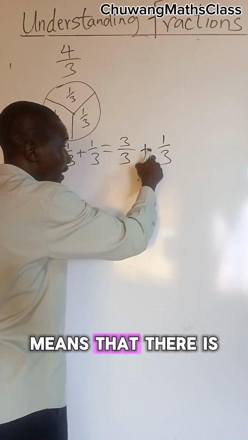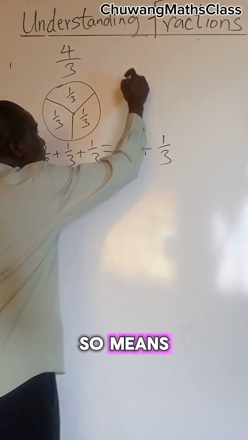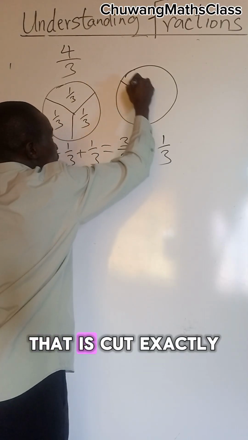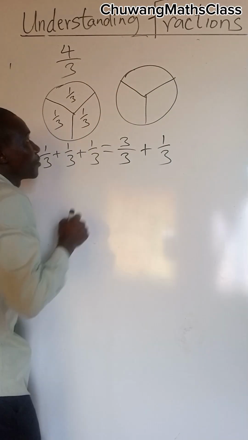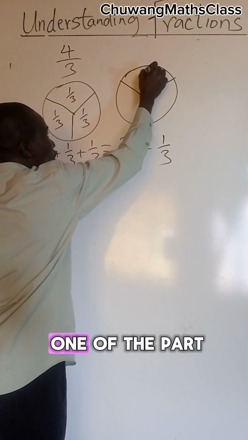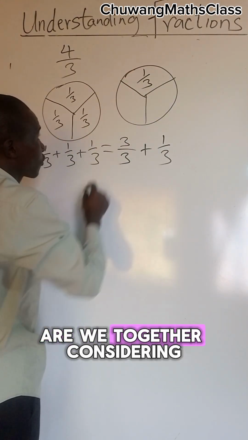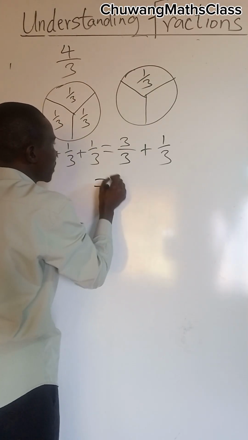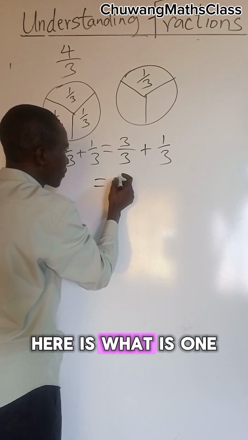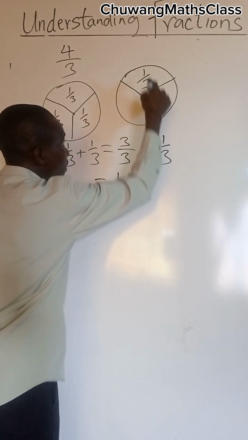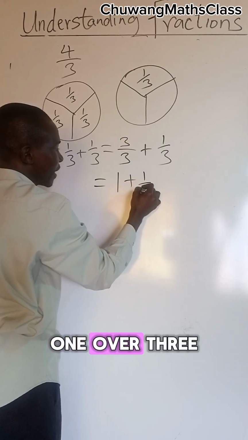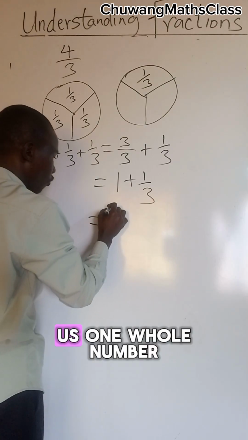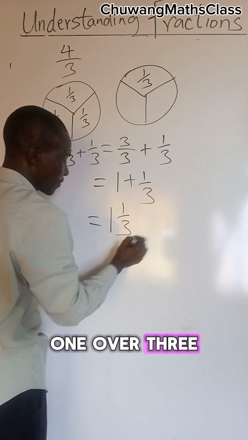That is, there is another one cut exactly into 3 equal parts, but we are considering only one of the parts. So this 3/3 here is 1, then plus this other part, 1/3. So when we add it, it's going to give us 1 whole number, 1/3.